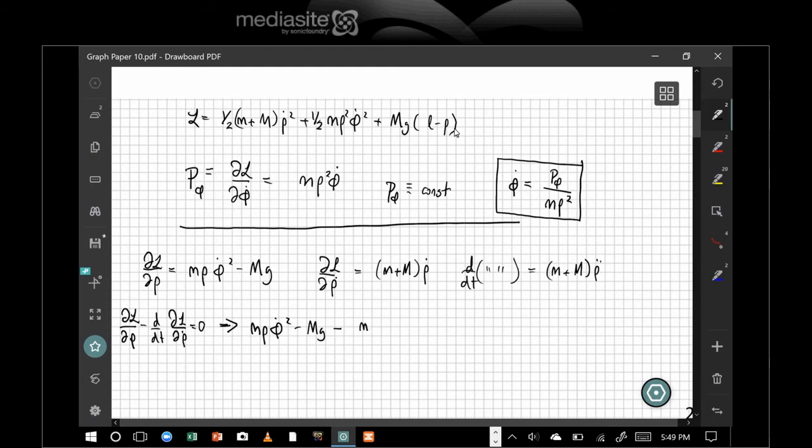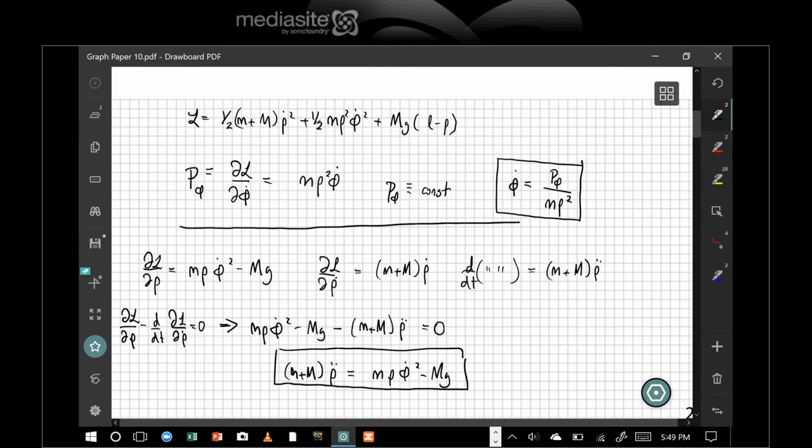The second term is going to be minus little m plus big M times rho double dot equals 0. Let me write it as an equation that looks like this. Okay, that's my second equation of motion.